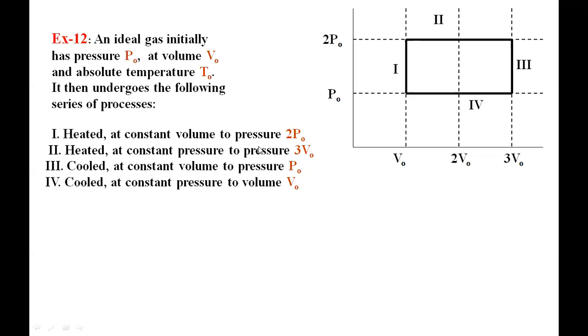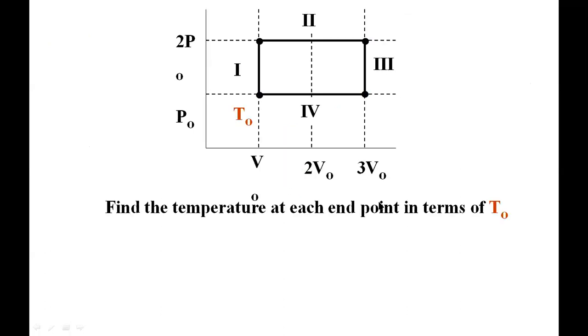Heated at constant pressure to volume 3 V naught. Then we have processes 1, 2, 3, 4. Then cooled at constant volume to pressure P naught, and cooled at constant pressure to volume V naught. Okay.